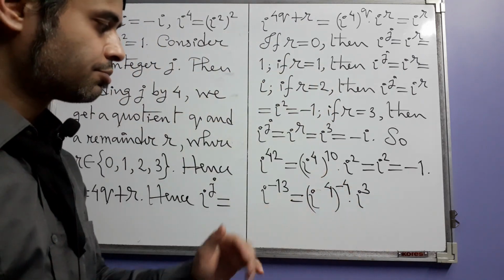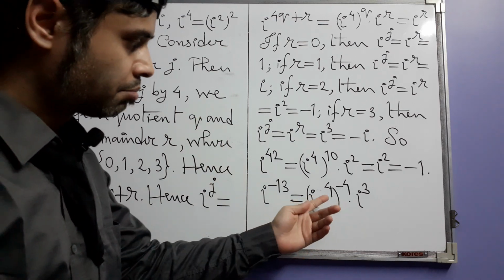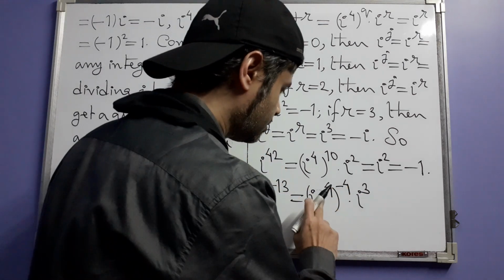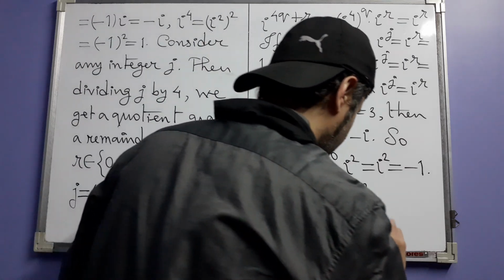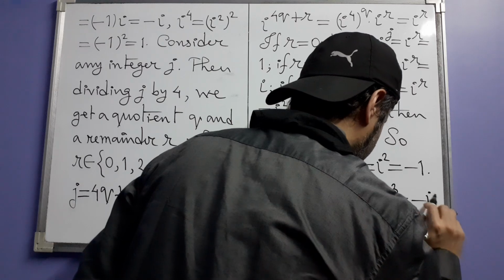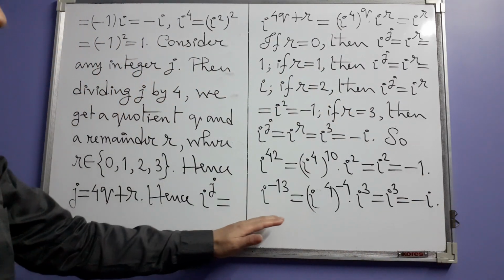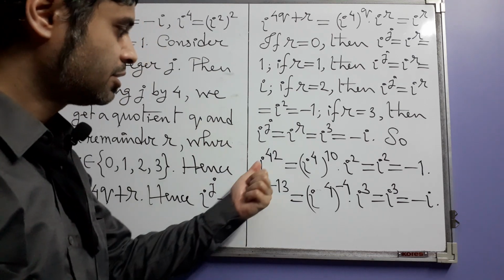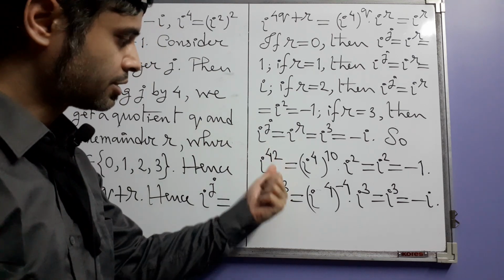Four times minus 4 is minus 16. Minus 16 plus 3 is minus 13. This will be 1 and we are having i cube. So this is minus i. So this way you can calculate any integral power of i. Integral power means where the exponent is an integer, positive, negative, anything.